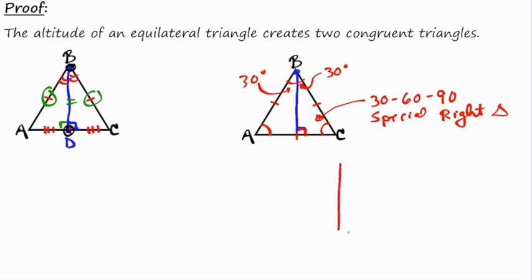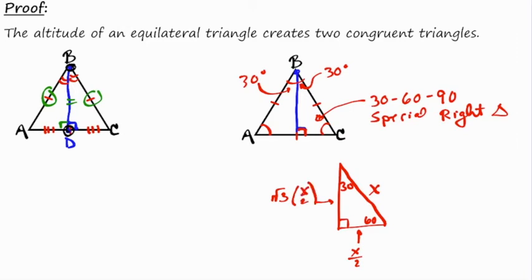And in our notes for 30, 60, 90 right triangles, we said that whatever the length of the hypotenuse is, then the side opposite the 30-degree angle is the short side, and that is half the hypotenuse. And the side opposite the 60-degree angle is the median side, and that is square root of 3 times whatever the short side is.